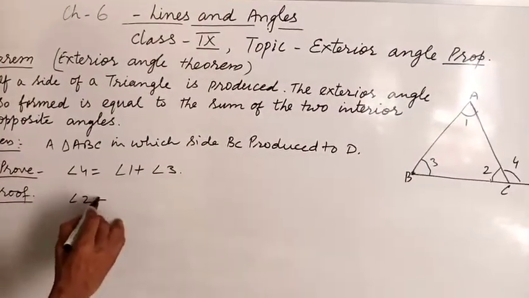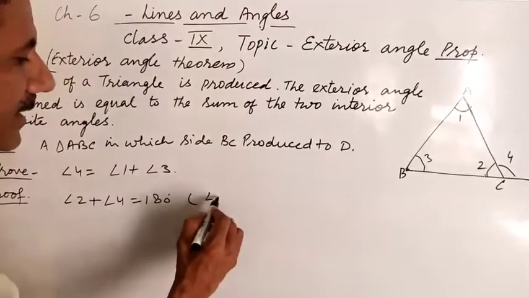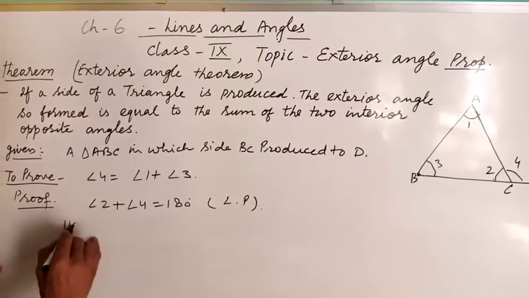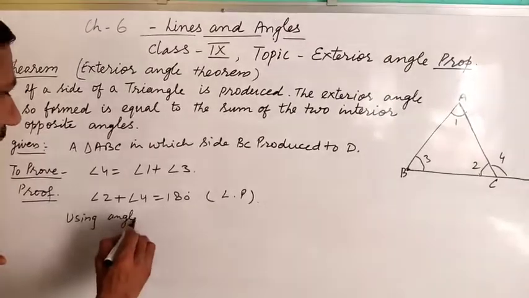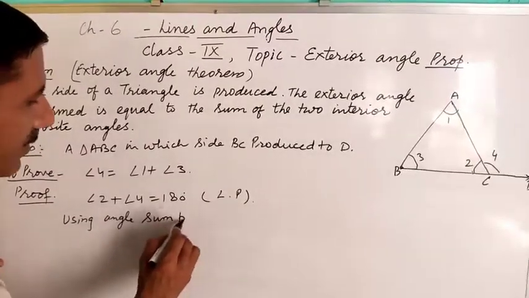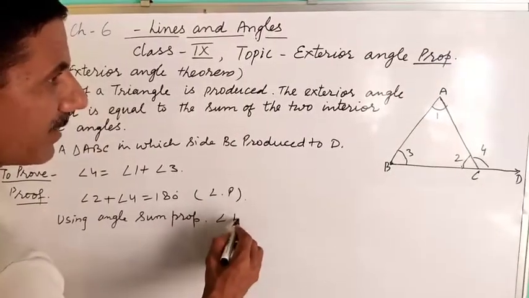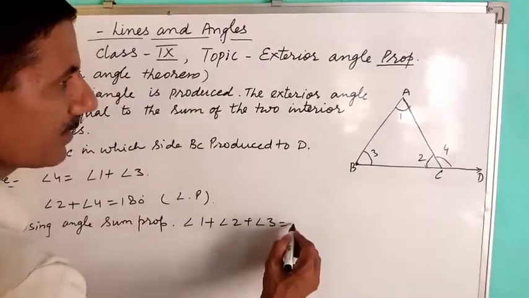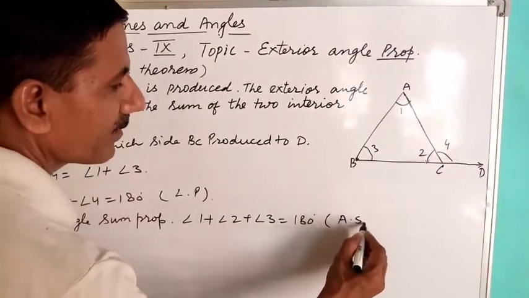Angle 2 plus angle 4 is equal to 180 degrees, this is the condition of a linear pair. Using the angle sum property, angle 1 plus angle 2 plus angle 3 is equal to 180 degrees.